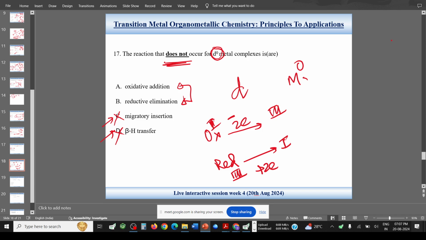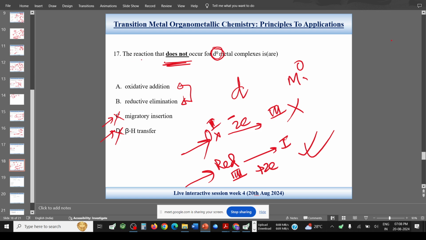No, it is not possible. That means the oxidation process is not possible, but it can gain electrons. We can give two electrons to the metal. That means this process is not possible, this process is possible.